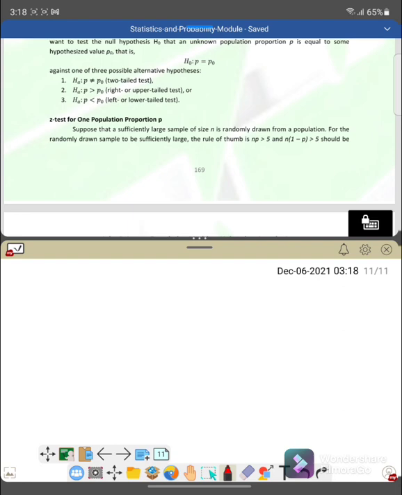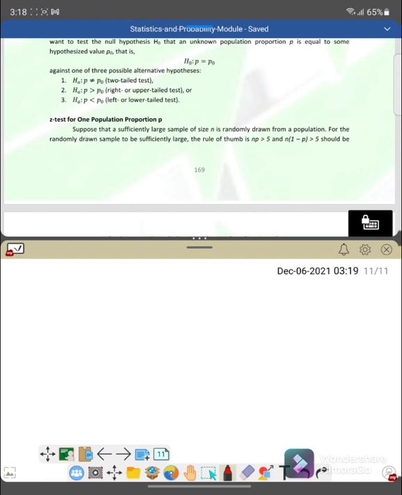Instead, we are using the null hypothesis that the population proportion is equal to a hypothesized population proportion. Okay, so we have only three steps here.